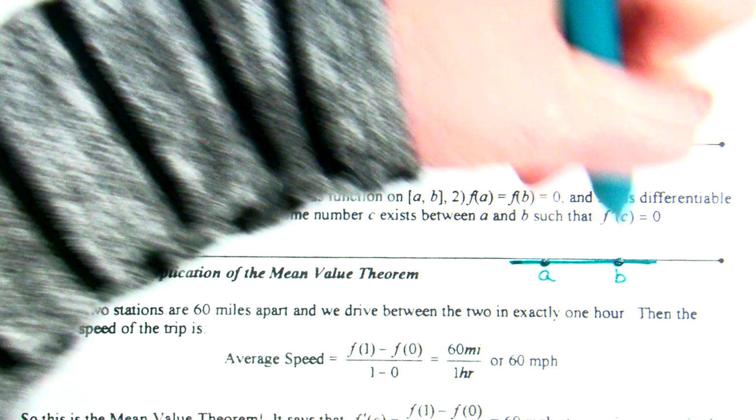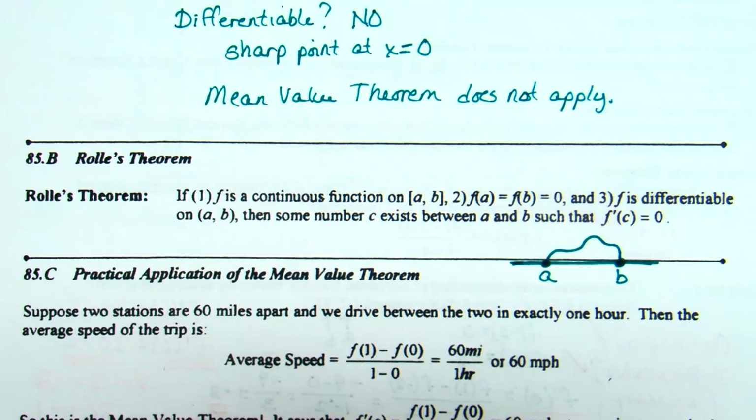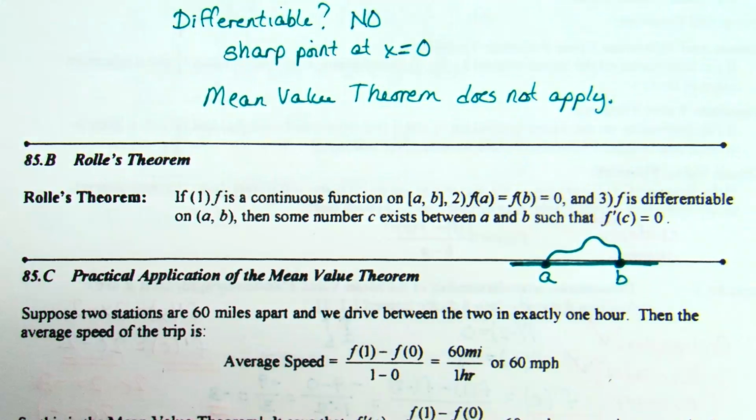What's the graph do between there? We don't know, right? But it's got to go up and come back down, or it's got to go down and come back up, or it's got to do a little bit of both, right? But it's some curve. That's my picked curve. Pick whatever curve you want.